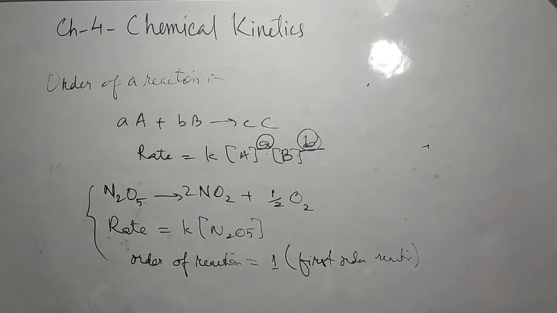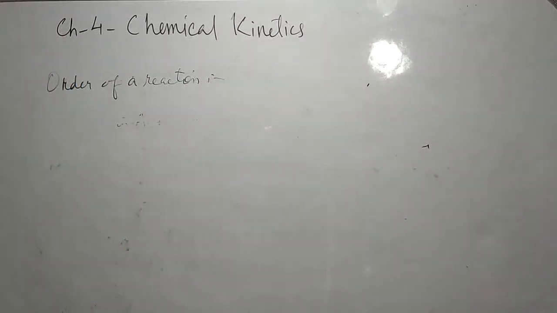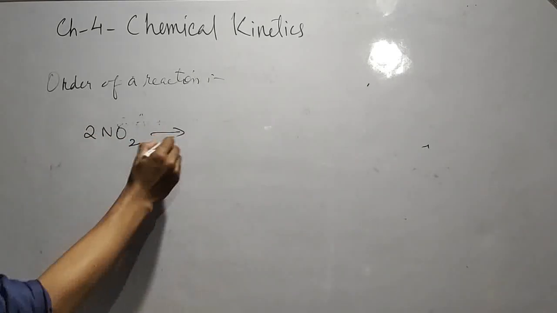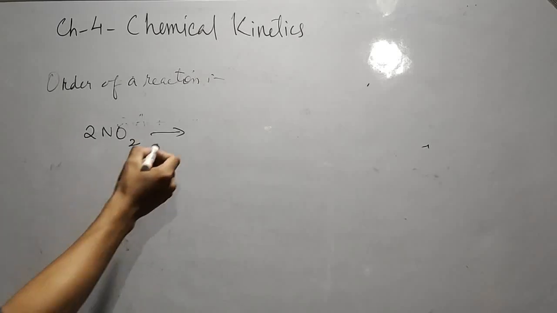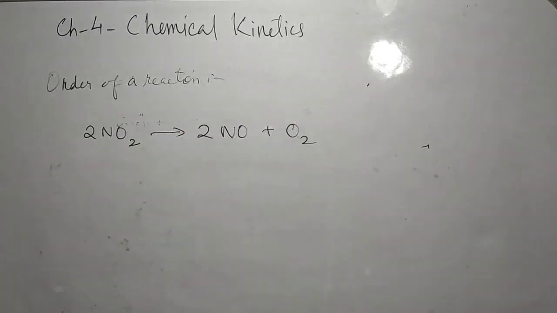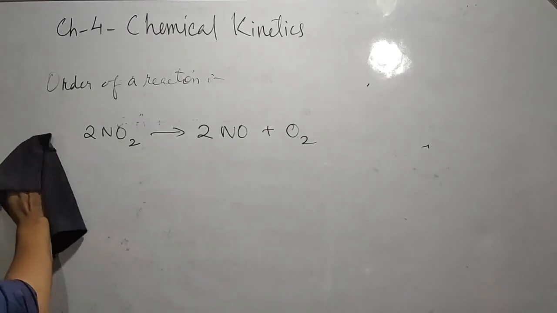So let us try: 2NO2 will give 2NO plus O2. You find the rate and the order. Then the unit. So let us find out the SI units.